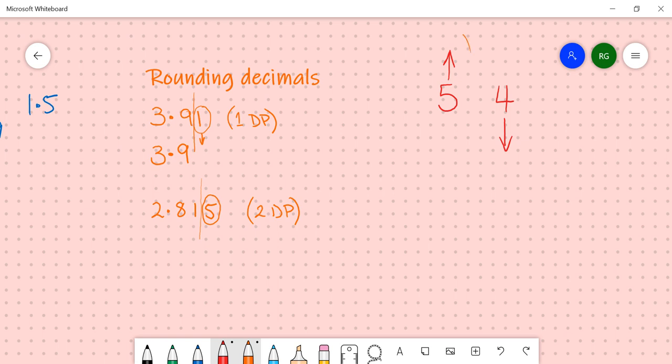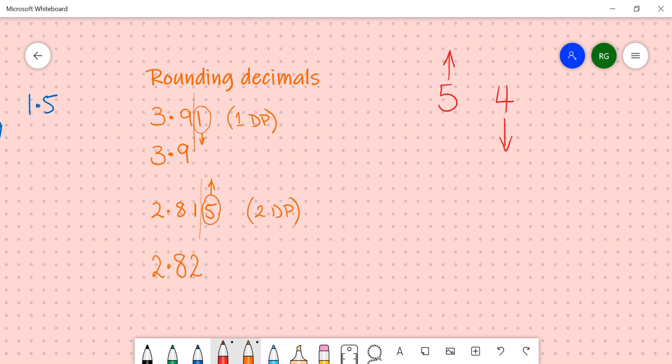Well, according over here, if it's a 5, we go up. So what that means is we now have 2.82. So we're going to take that 1 up. It's closer to 2.82 than it is to 2.81. Well, it's actually exactly halfway between, but our golden rule is if it's halfway between, we go up.